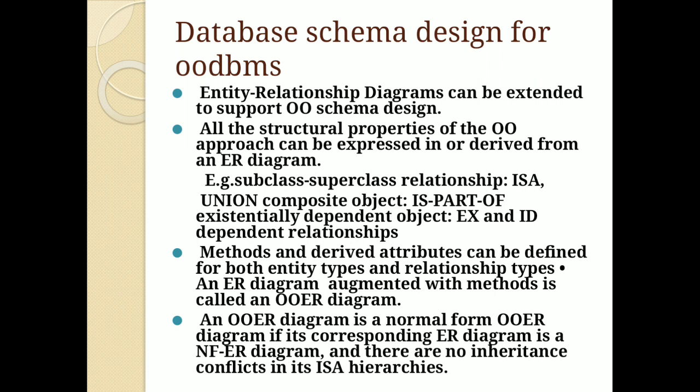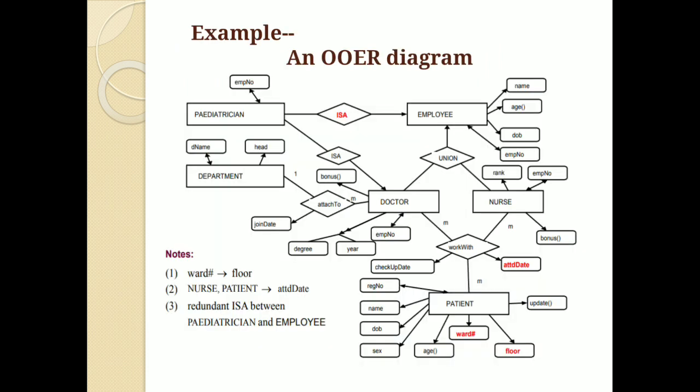An ER augmented with methods is called the OOER diagram. This slide shows an example of an OOER diagram of hospital management. In this diagram, pediatrician, department, employees, doctor, nurse, patient are the classes with their attributes and methods with association and aggregation properties. So this example explains the object-oriented entity relationship diagram.